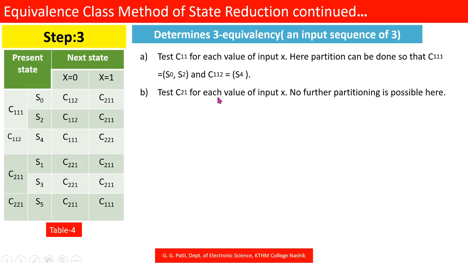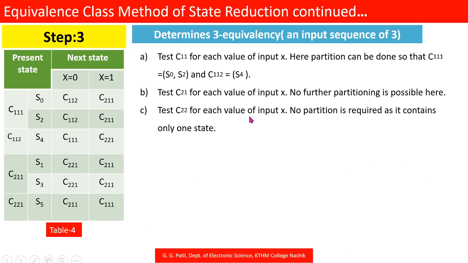Test C21 in table 2. Be careful, this partition is done from table 2, so that table must be referred to here. Test C21 for each value of input x. No further partition is possible here. Test C22 for each value of input x.